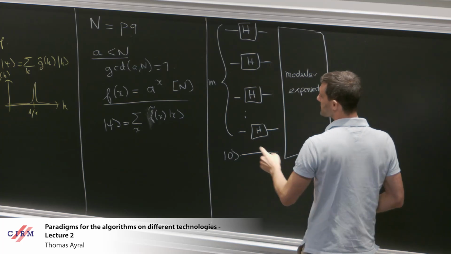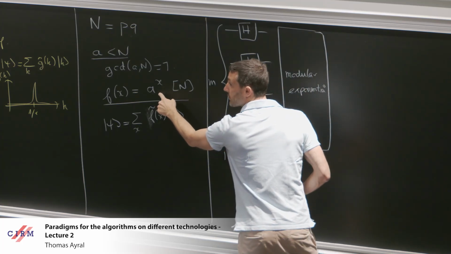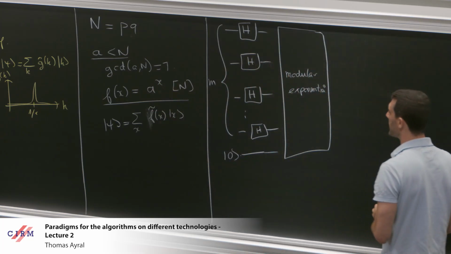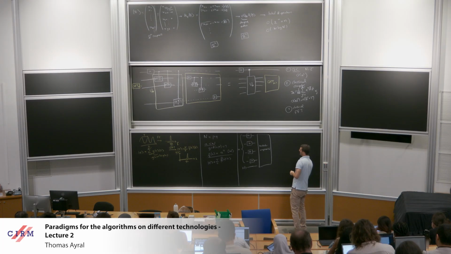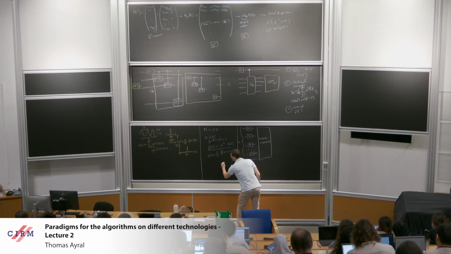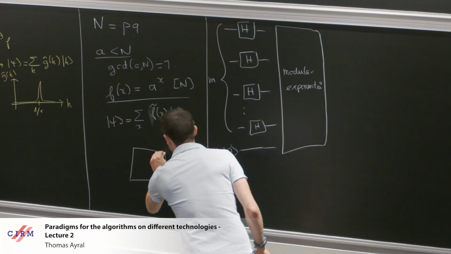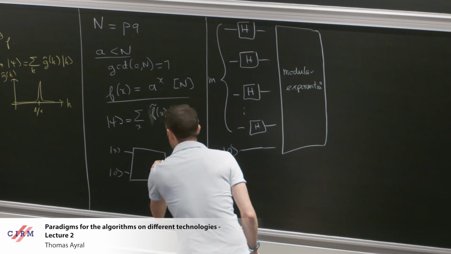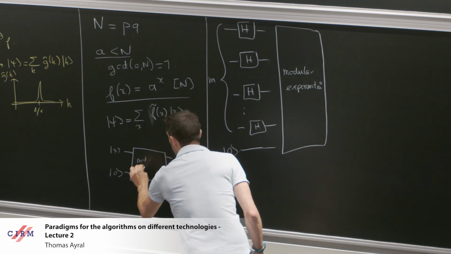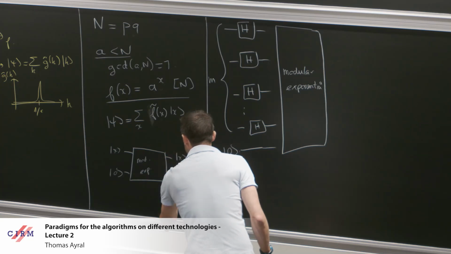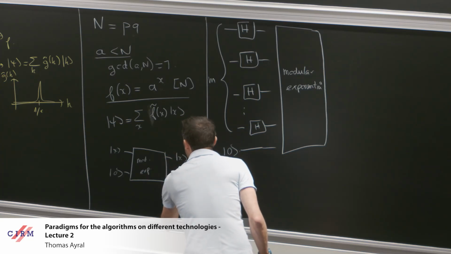This modular exponentiation is essentially this operation: you exponentiate a to the power of x modulo n. So this is what this box does. And let me give you just the definition of this box. The precise definition is that if you start with x and 0 in this box, modular exponentiation, then you end up with x, and here you have a^x modulo n.